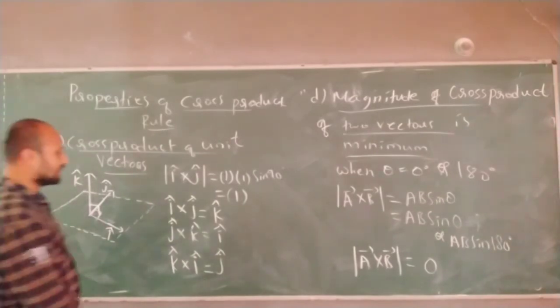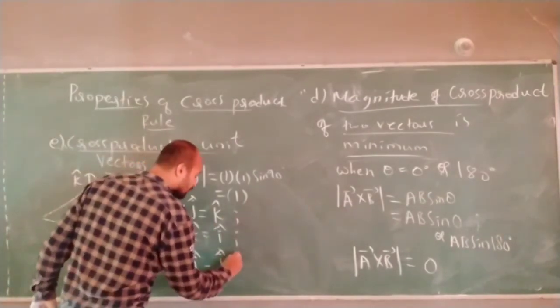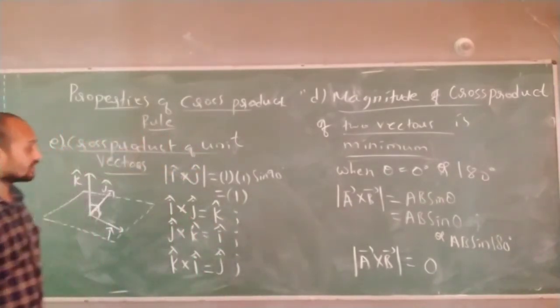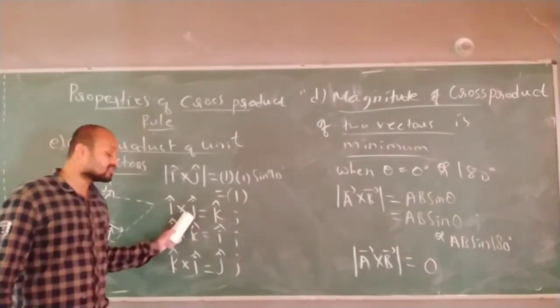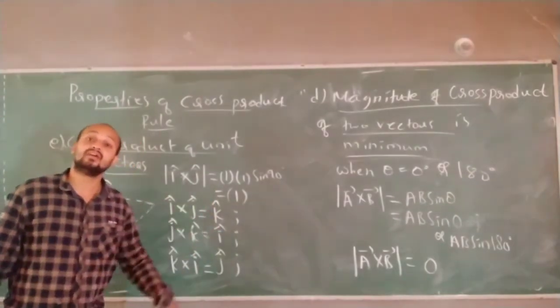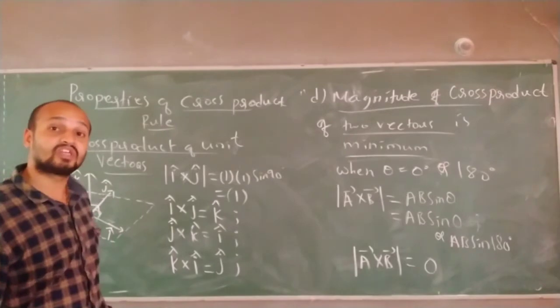Now, from the anticommutative property, i cross j is equal to minus j cross i.